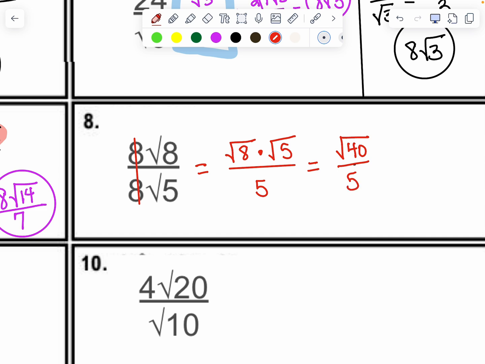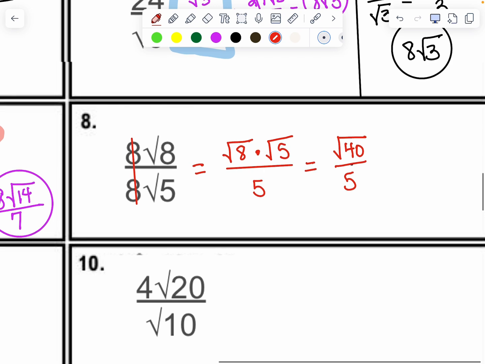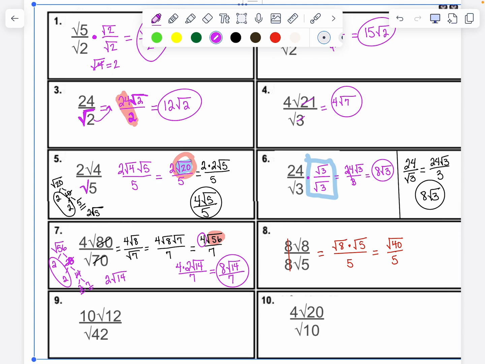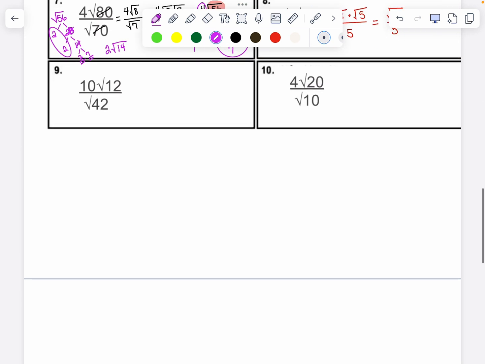Now I'm just looking to see if I can simplify. So the square root of 40 can be simplified. Like I said, this is what you're learning on the video that I posted for today. So if this is the step that confuses you, you just need to watch that video. What happens is we take the square root of 40.